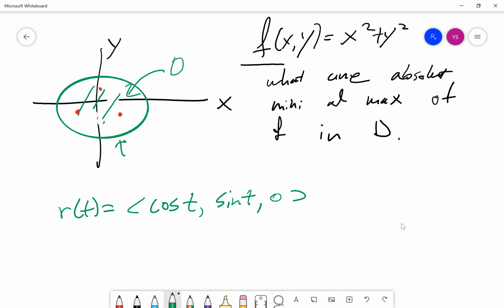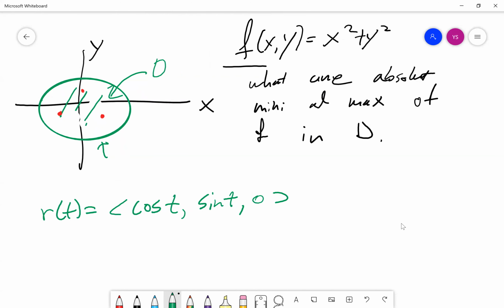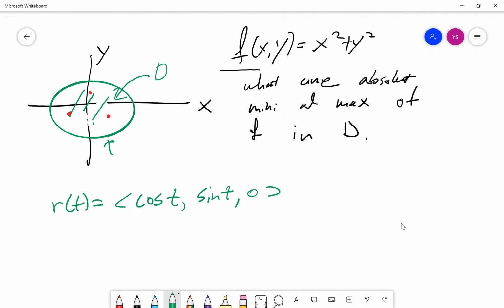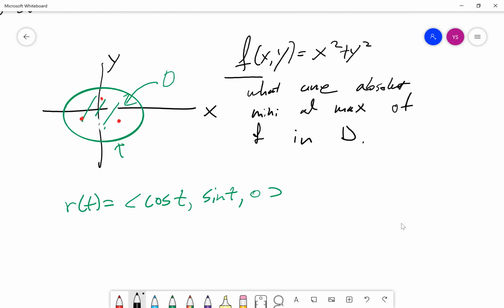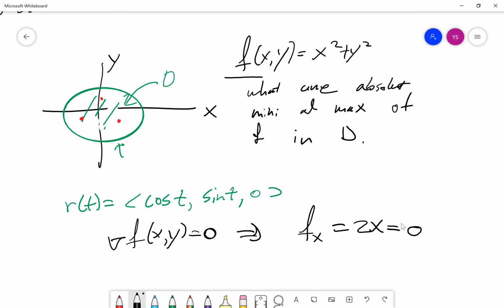So what we are going to do is first we find the critical points of f. And the strategy for that is the same as the beginning of the strategy from the previous lecture, which is to take the gradient of f and set it equal to 0. So this tells us that the partial of f with respect to x, which is equal to 2x, should be 0.